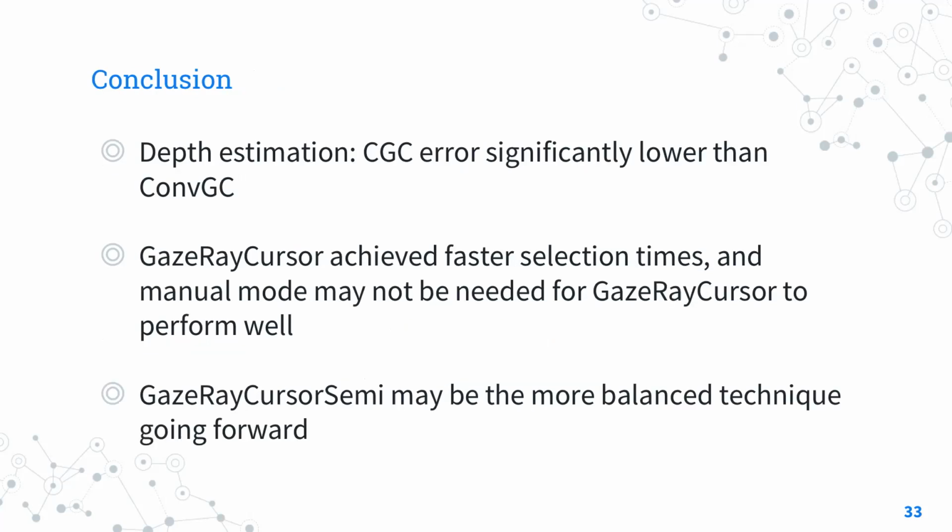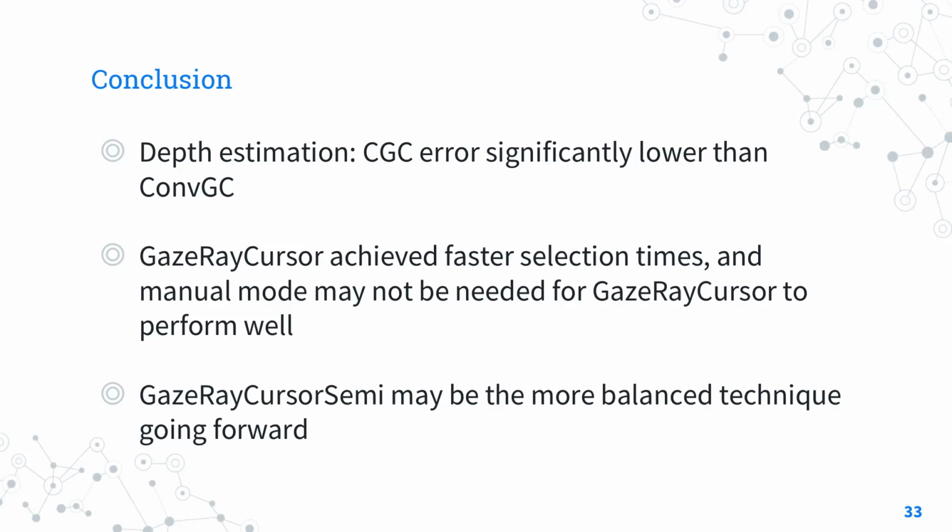In summary, we found the combined gaze and controller method to achieve a significantly lower error rate in depth estimation compared to the baseline that relied solely on gaze convergence. We also found that both the auto and semi-auto variations of GazeRayCursor demonstrated faster selection times compared to RayCursor in a dense environment, and selection times between the two variations were similar, regardless of whether the manual mode was available or not.